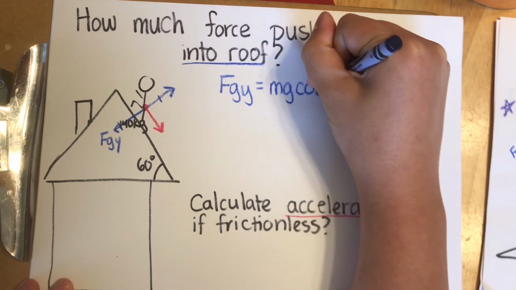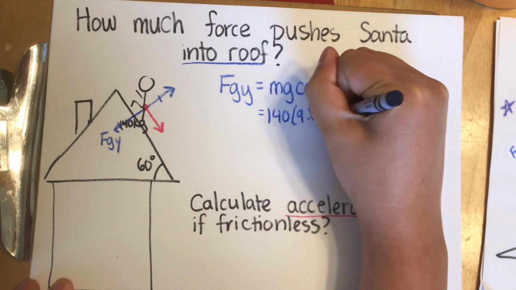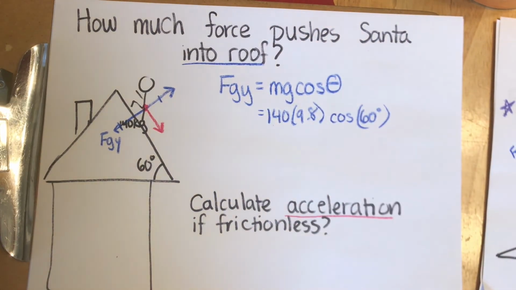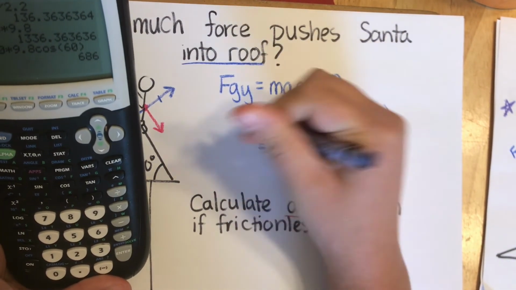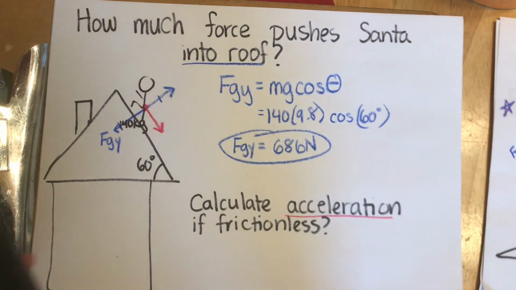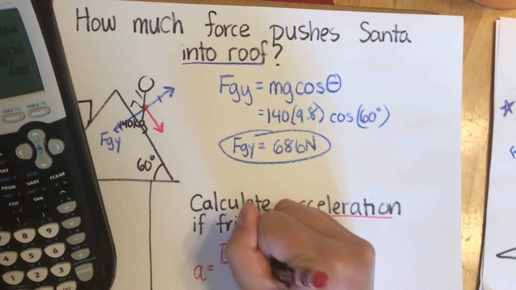I would be taking mg cosine theta, taking my 140 kilograms of Santa mass times 9.8 times cosine 60, and this gets me a 686 newton force that's trying to push Santa through the roof. Bad news bears.